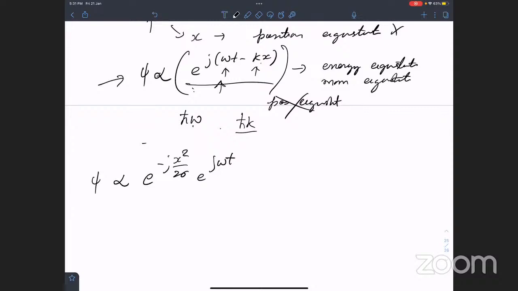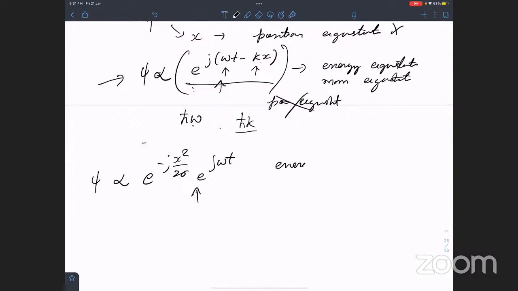So this wave function is infinitely delocalized in time, but it is localized in space.